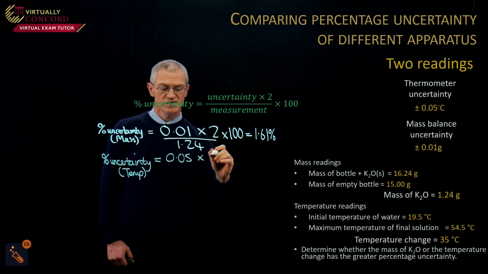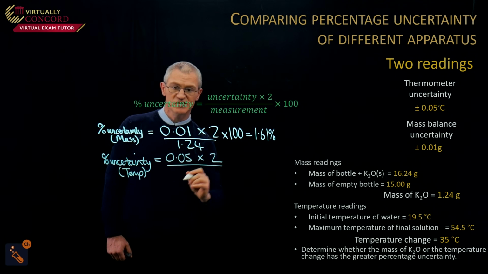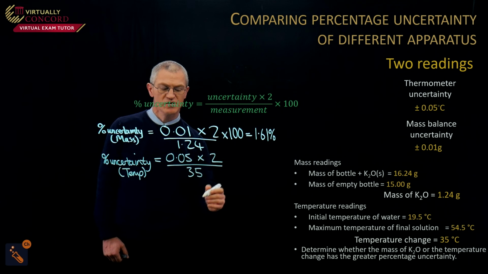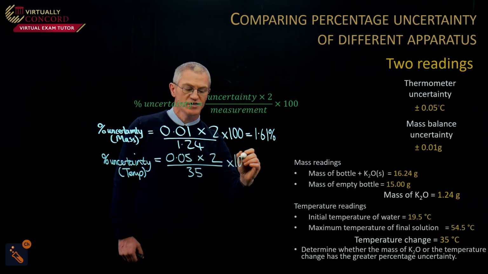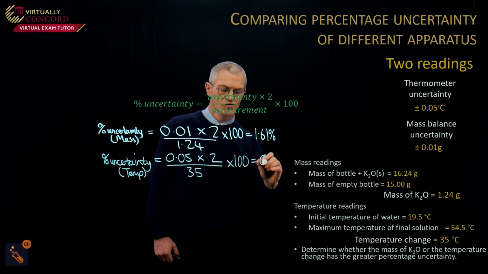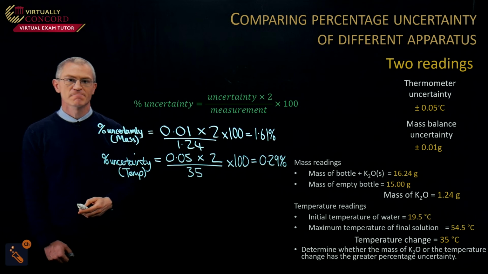That's again times by 2 because we have 2 readings. We've been through that. Then our temperature change is going to be divided by 35, times that by 100 again, and we get 0.29%.